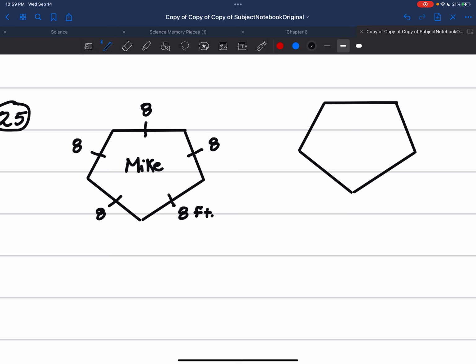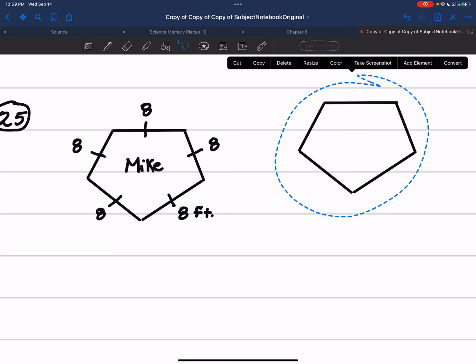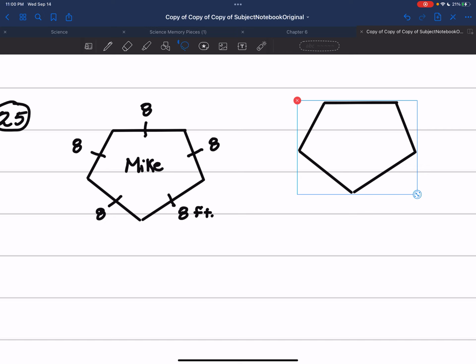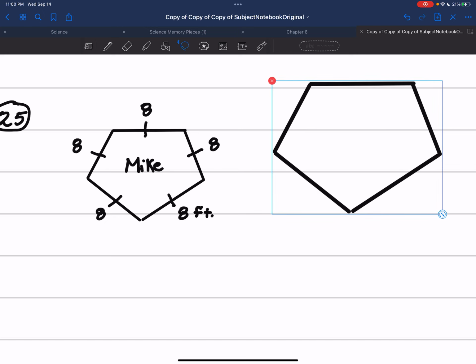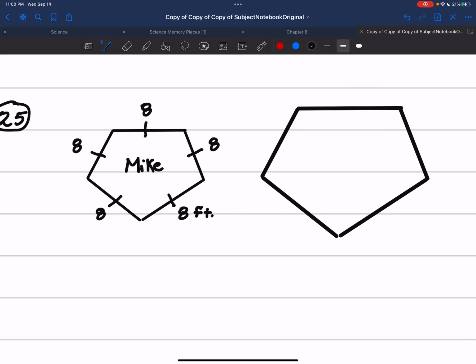His neighbor builds a similar garden with a scale factor of 3/2 to Mike's garden. So here comes that mama-baby thing. Mike's garden is the baby garden, and this is the neighbor's garden.